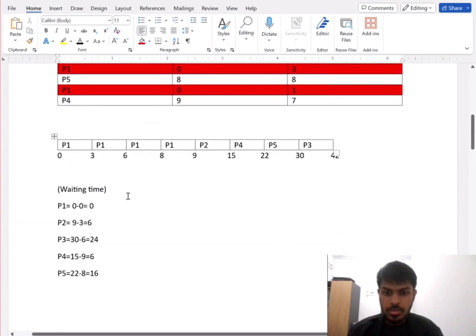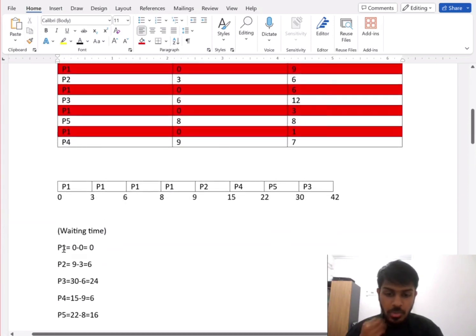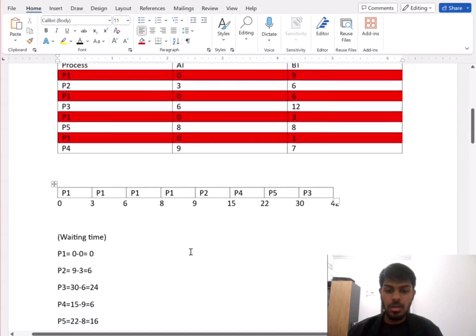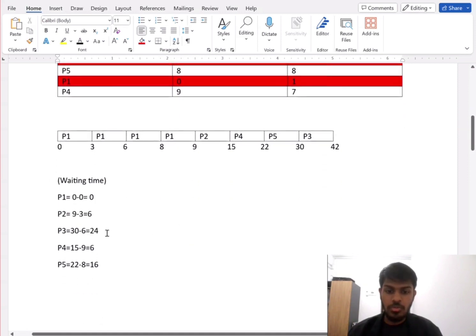The waiting time for P1 is 0 minus 0 equals 0, for P2 is 9 minus 3, for P3 is 30 minus 6 arrival time, P4 is 15 minus 9 arrival time, and P5 is 22 minus 8 arrival time, and we'll get 0, 6, 24, 6, 16.